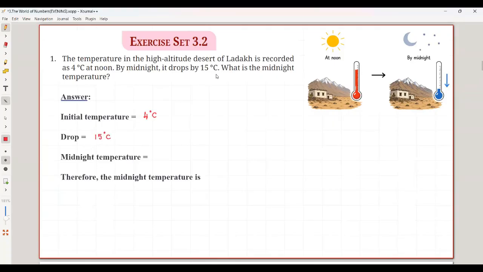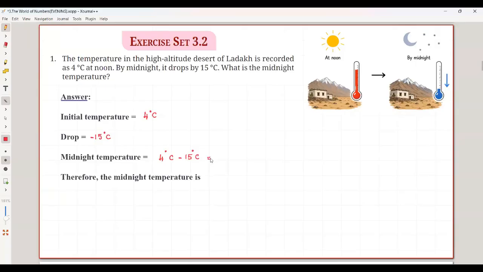Drops means minus, so we take it as minus 15 degrees Celsius. What is the midnight temperature they are asking? In the beginning, it's 4 degrees Celsius. Its drop means minus 15 degrees Celsius.